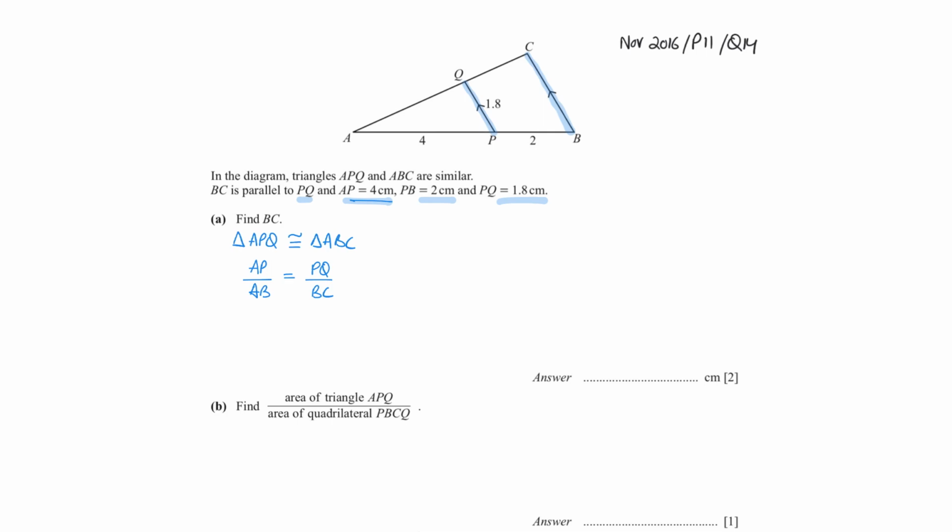The value of AP is 4. The value of AB is this entire length, 6. The value of PQ is 1.8. The value of BC was unknown, and you can cross multiply and figure out the value of BC. So I get 2.7 centimeters.